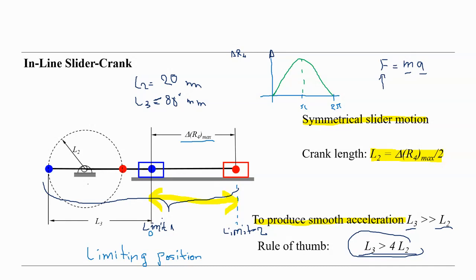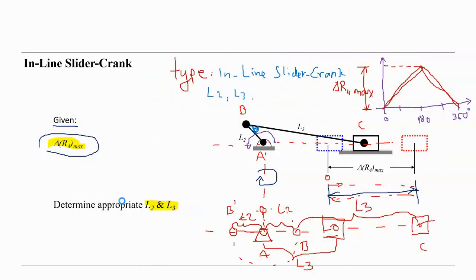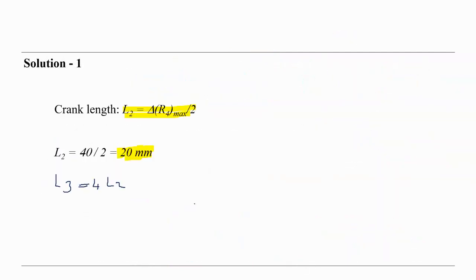If we have enough place, we can keep this rule that L3 is equal to 4 times L2. But if not, we should consider the place we have, and if it is not like this, we take the risk of higher acceleration.